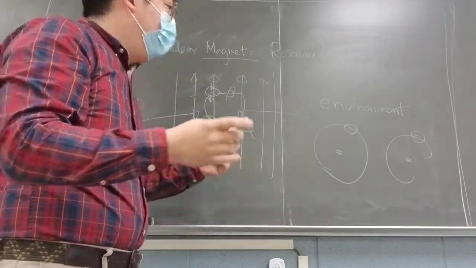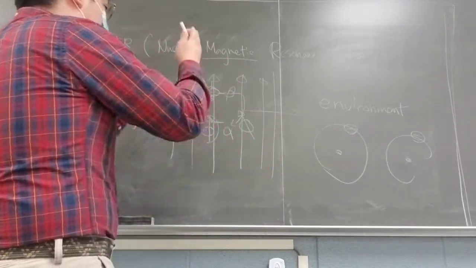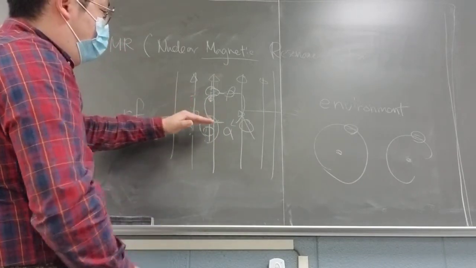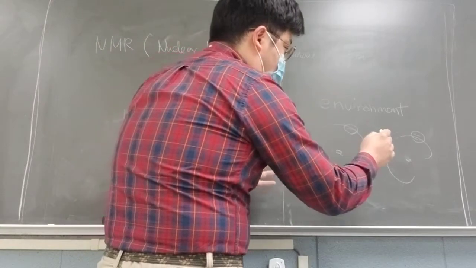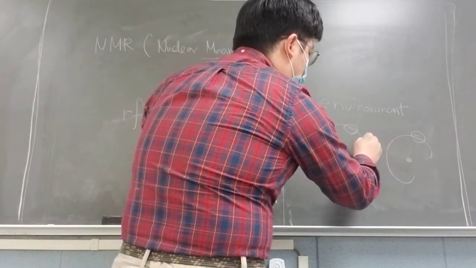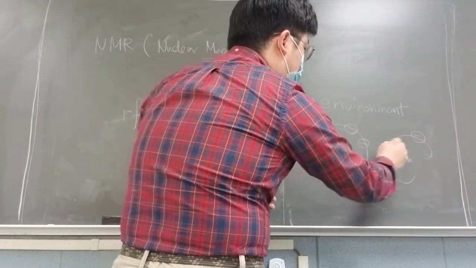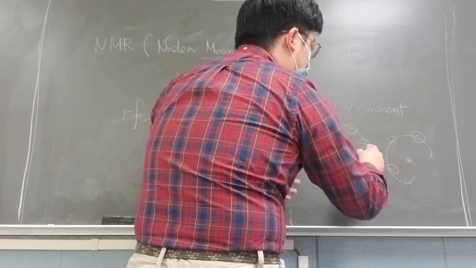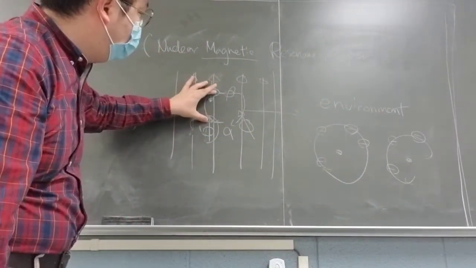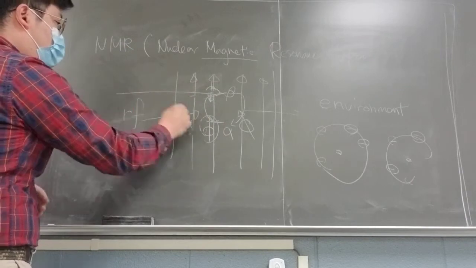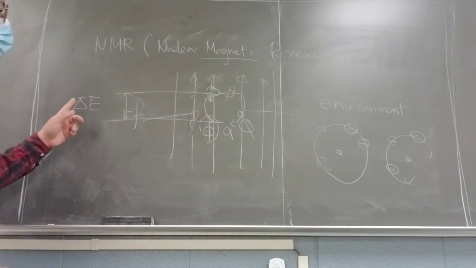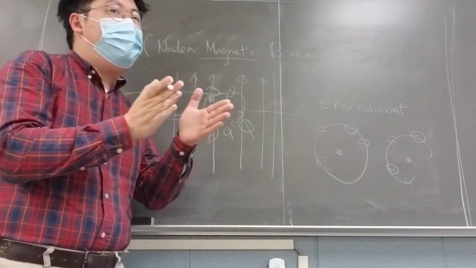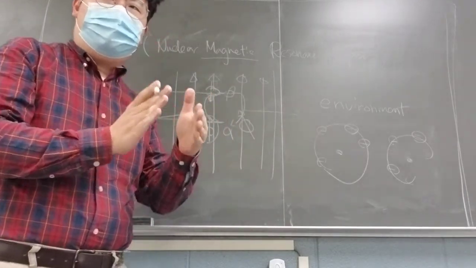It can align parallel or anti-parallel, depending on the electron density around this carbon. It may show a different energy gap between the two energy levels, and a different energy level will show you a signal that won't be in the same position because of the electron density.